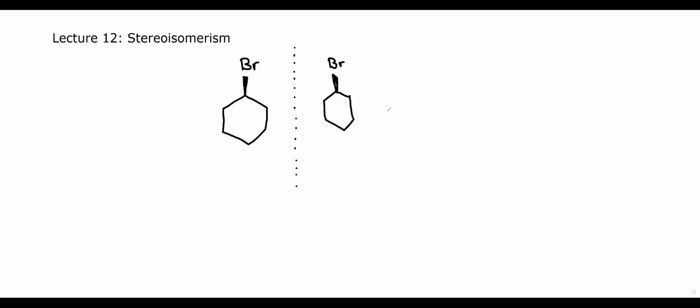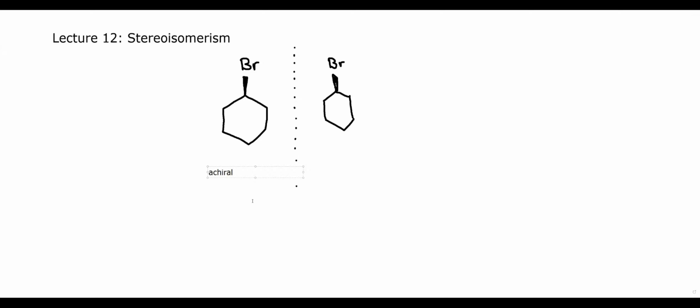Well, there's the mirror image, and it's exactly the same. We literally drew the same molecule. Therefore, those mirror images are superimposable. So this actually is not a chiral molecule. We would call this achiral.